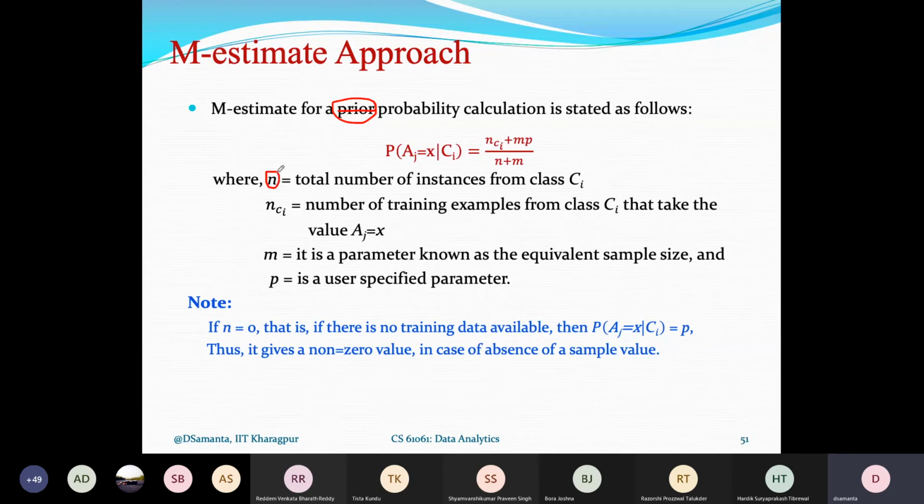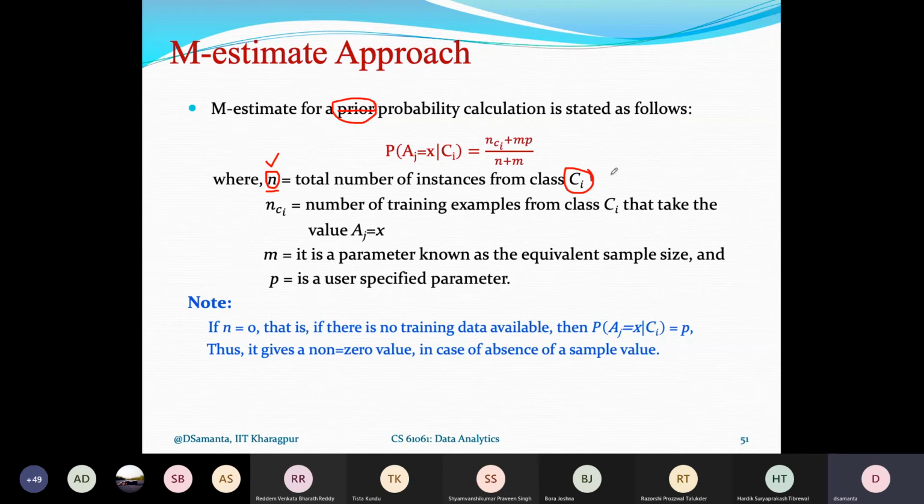As mentioned there, n is the total number of instances which belong to class ci. From the data table we can calculate this n value. If it is balanced, say a total of 100 and 5 classes, then n may be 20. So n can be obtained easily from the training data set.